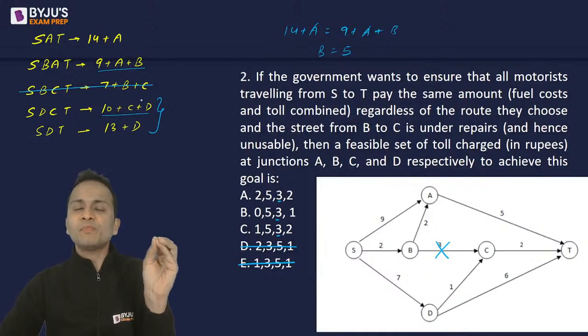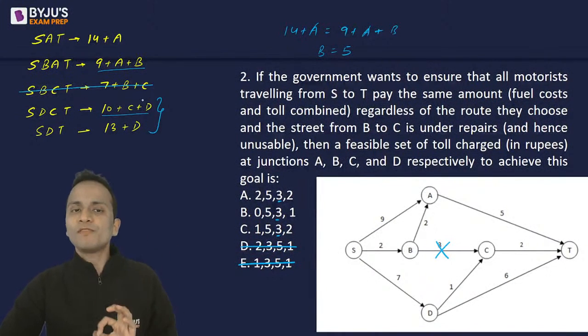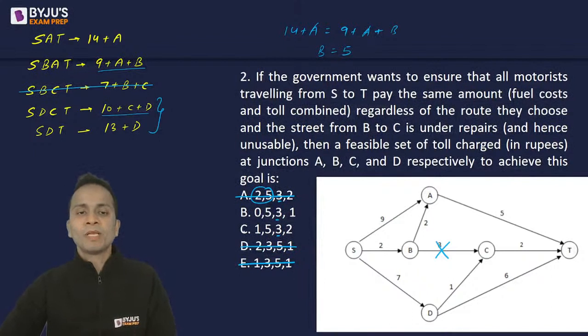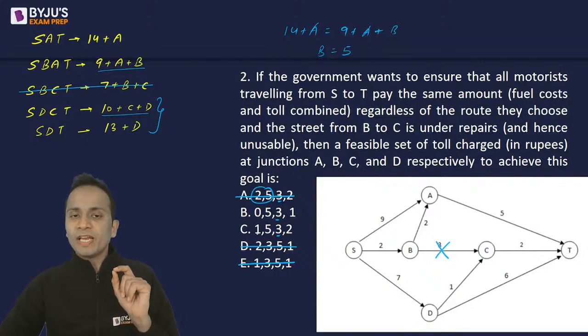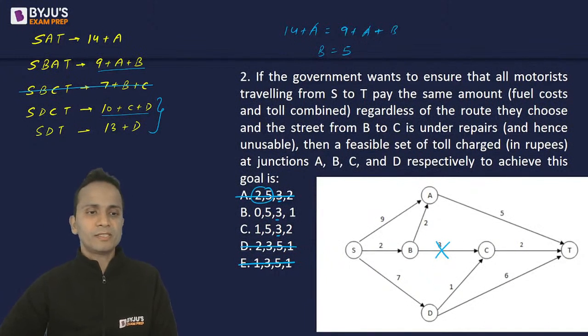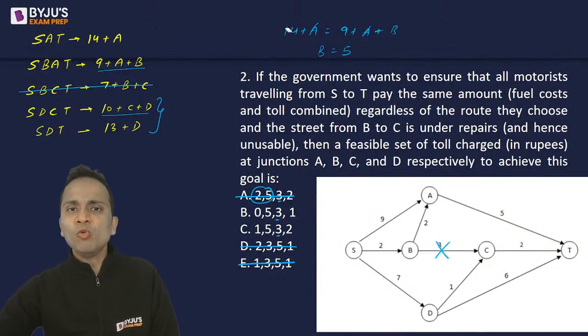So value of A plus B should be 1 more than the value of C plus D. Now in the first option, value of A plus B is 7 and C plus D is 5. It is 2 more, so I will eliminate this option. So option A is gone. In the second option, value of A plus B is 5 and C plus D is 4. I can keep this. Third option, value of A plus B is 6 and C plus D is 5. I can also keep this. Now I have only two options left.